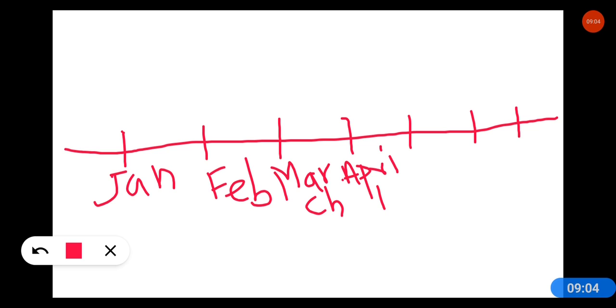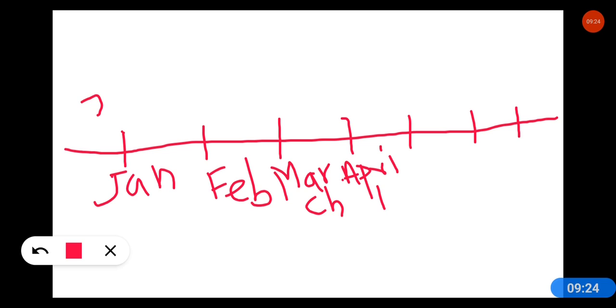And let me ask you, when we celebrate, in which month do we celebrate Republic Day? February, March, April, Jan. We celebrate in Jan.